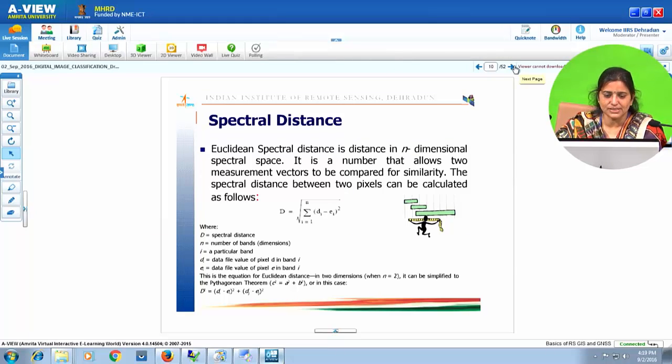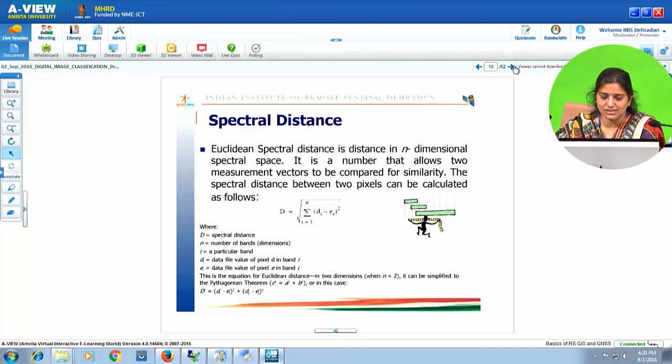The other term is spectral distance, because how we find out whether these pixels are similar to each other or not would be done based on the spectral distance. So Euclidean spectral distance is distance in n-dimensional spectral space. It is a number that allows two measurement vectors to be compared for similarity.